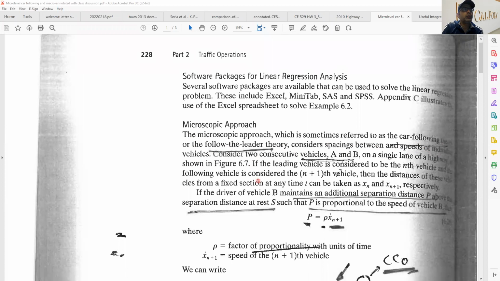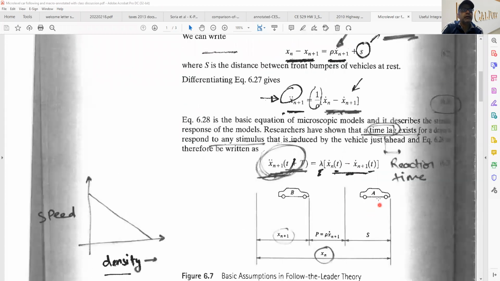So if you consider two individual vehicles, A and B, they're shown in this figure here. Car A is the leader, car B is the follower. And let's say from some reference point, the coordinate of the front bumper of car A is xn. Coordinate of the following car is xn plus 1. And we always define the subscript of the leader to be a smaller number.